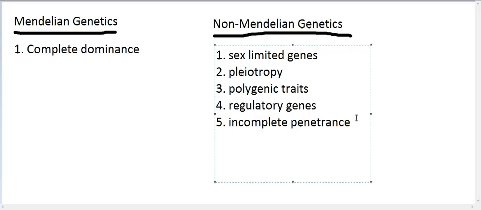There's something else called lethal genotypes, lethal phenotype.